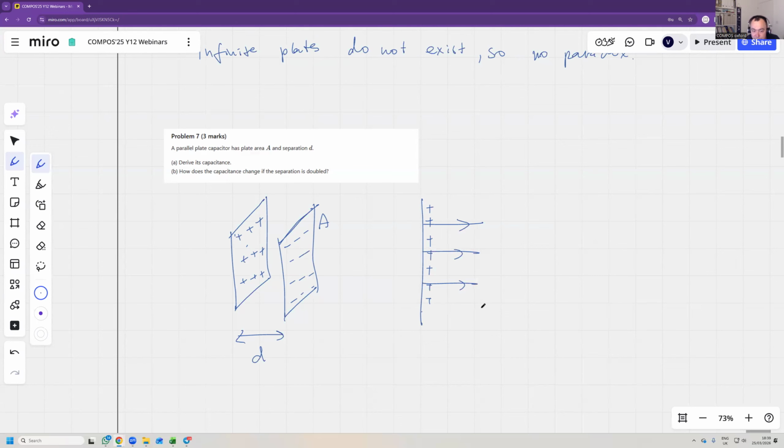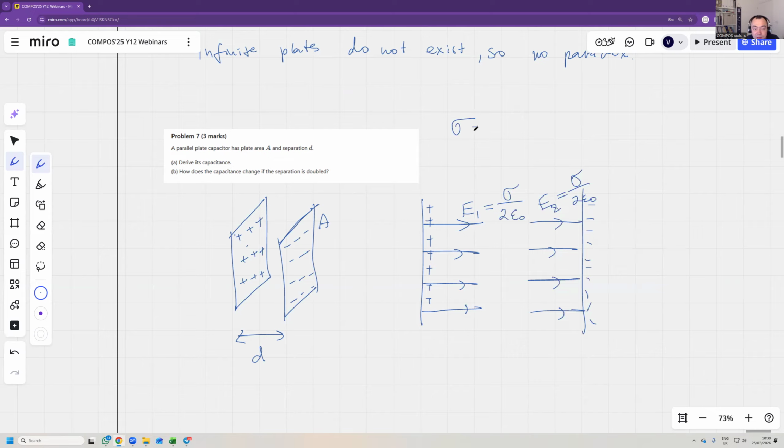We know that a positive plate has an electric field, let's call it E1, which is sigma divided by 2 epsilon naught. But the negative plate also has an electric field, which is incoming, which goes into the plate, which is E2, in the same direction, and it's also sigma divided by 2 epsilon naught.